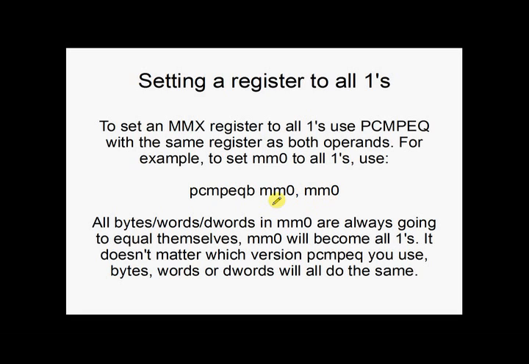So that just sets every byte in MM0 to FF. And you don't have to use PCMPEQB. You could test for equality with words or dwords, it doesn't matter. It's going to do exactly the same thing. So PCMPEQ anything, if you use the same register as both operands, will set it to all ones.